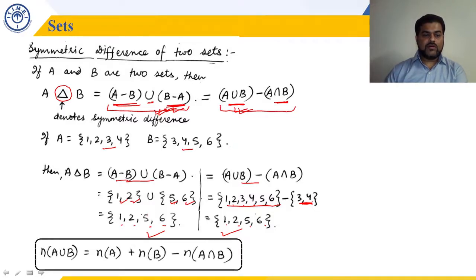And in set theory, this is an important property which we can use in some questions to get our answers easily.